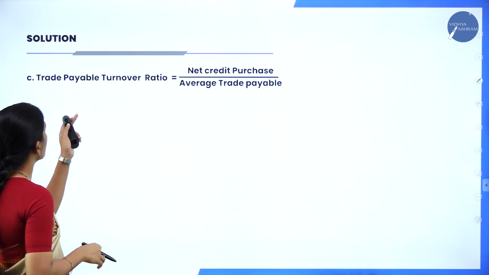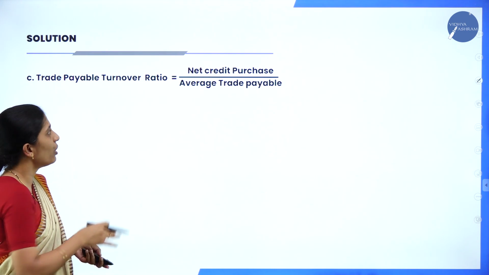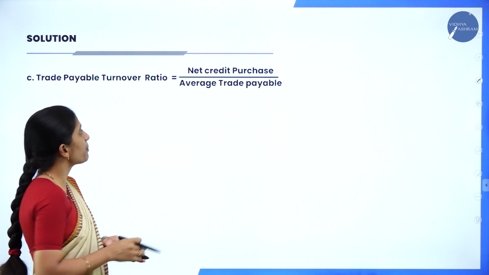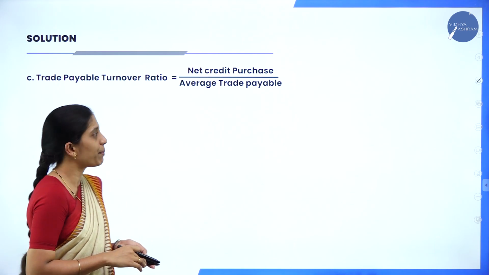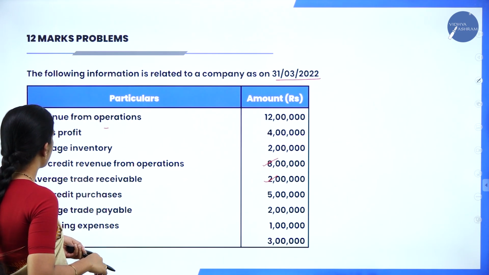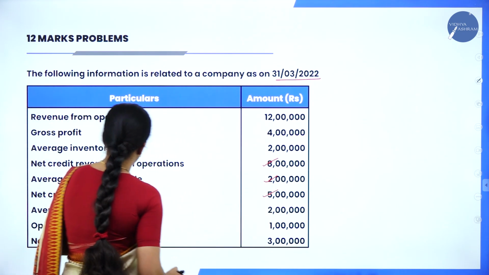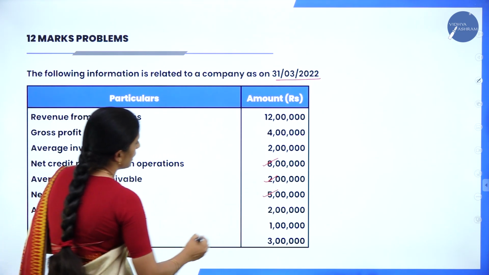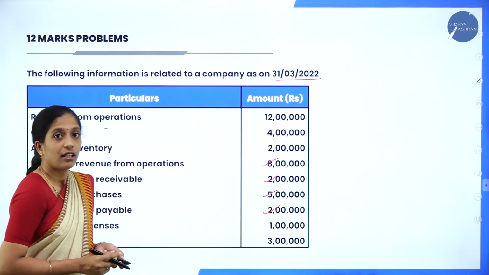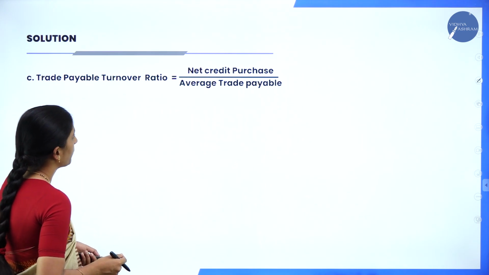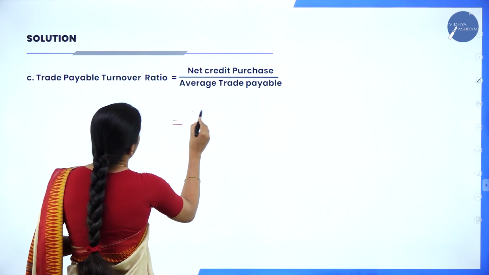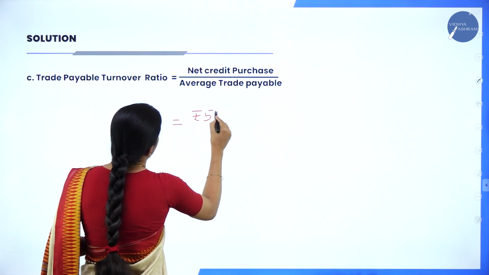Now moving on to the next one, trade payable turnover ratio. Your formula is net credit purchase divided by average trade payable. Net credit purchase is 5 lakh divided by average trade payable, that is 2 lakh.